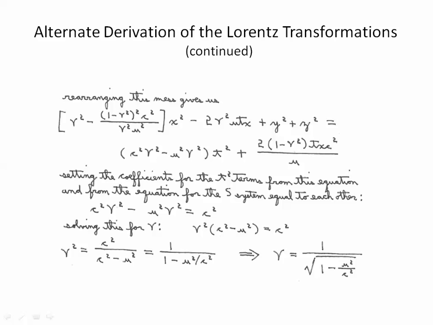When we do that, we have a simple expression for gamma squared in terms of u squared and c squared. Rearranging this expression to solve for gamma, we get the same result as before. Gamma equals 1 divided by the square root of the quantity 1 minus u squared divided by c squared.